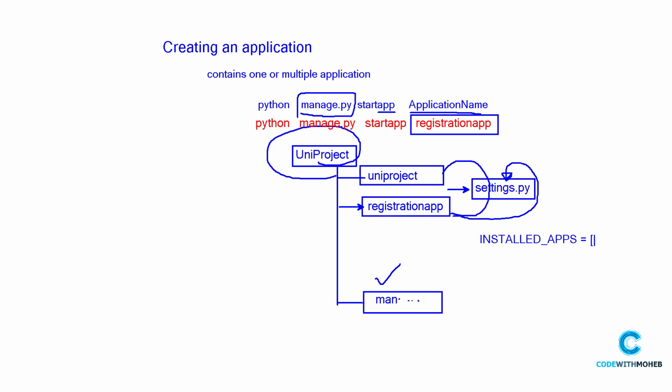Hope you have the basic knowledge of Python, what variables or data types we have in Python. So this is a list type. Inside this list we have pre-installed applications, and now inside this list we can add or install our application, the application that we have created.